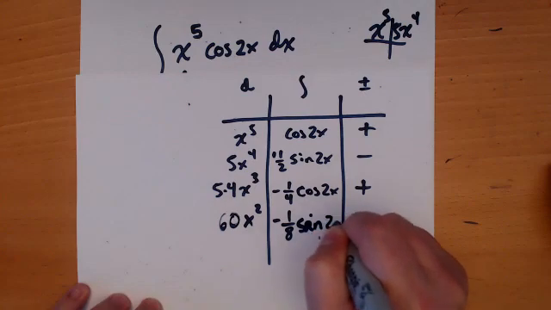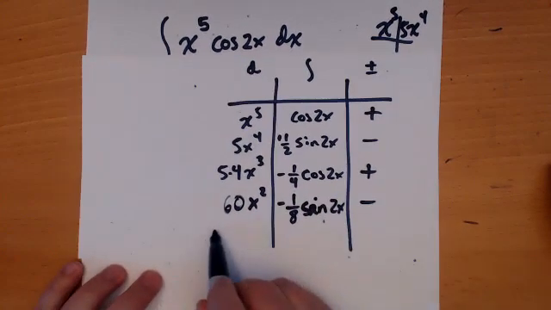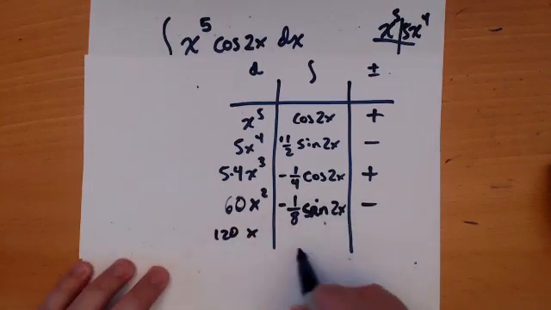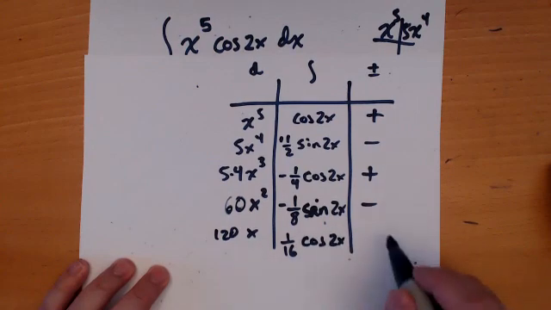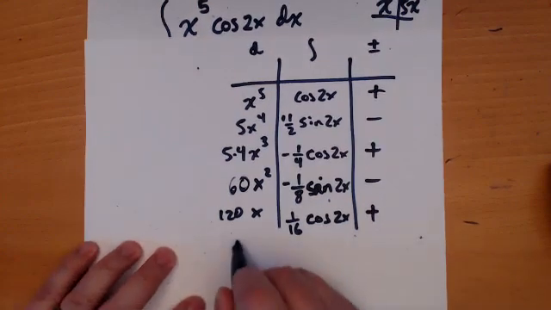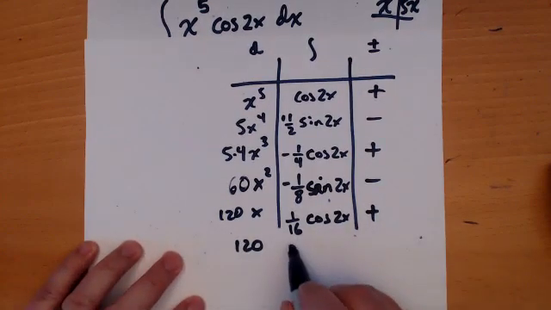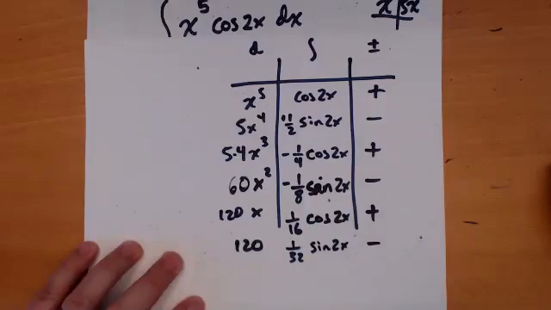Sine 2x and a negative. 120x. 1/16 cosine of 2x. And now just 120, 1/32 sine 2x and a negative.